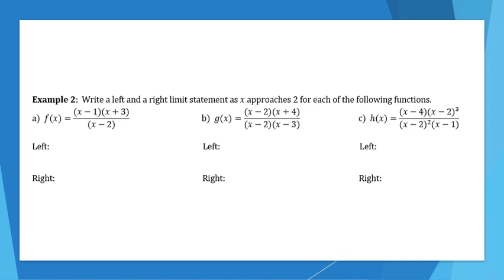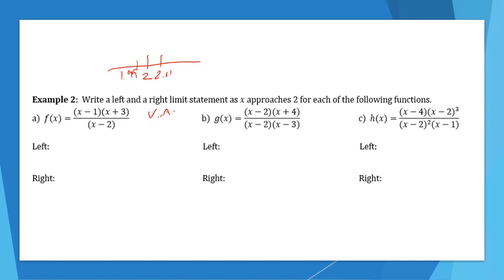So for the first one, right, at x equals 2, this is a vertical asymptote. So instead of 2, we're going to want to plug in 2.01 and 1.99, and this is only when it's a vertical asymptote.